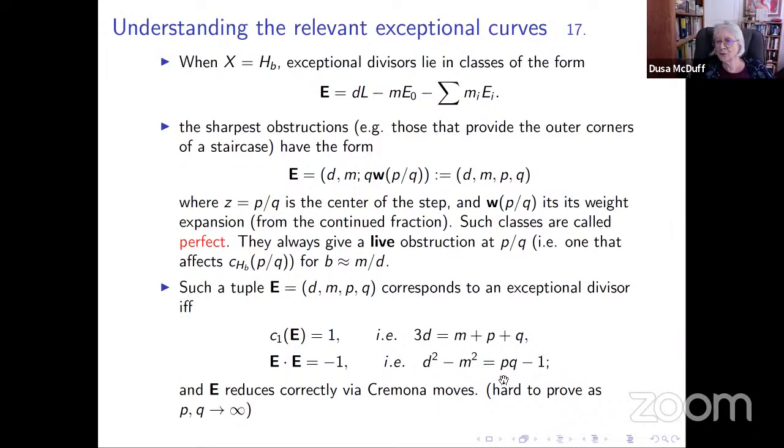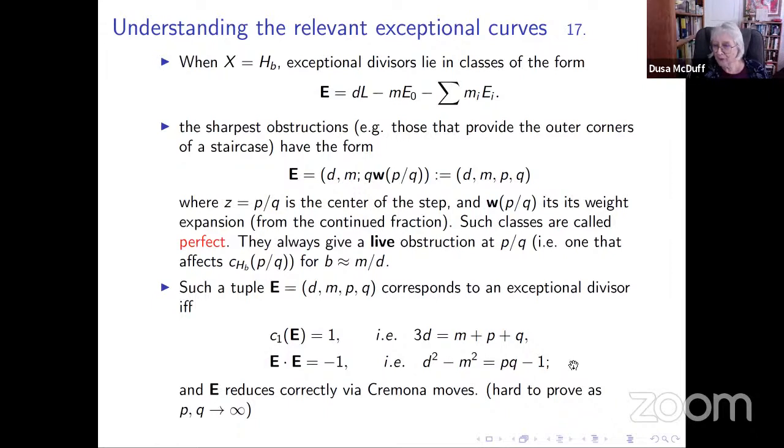In other words, there are two purely numerical conditions, and then there's a geometric condition which tells you that it's actually represented by an embedded sphere. I should have put this before, because the perfect classes are the ones which are actually exceptional classes. So they satisfy all these conditions.